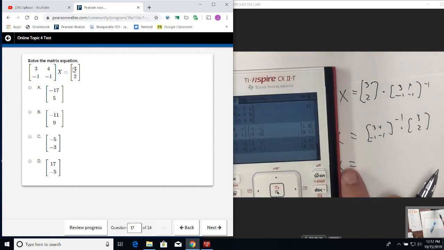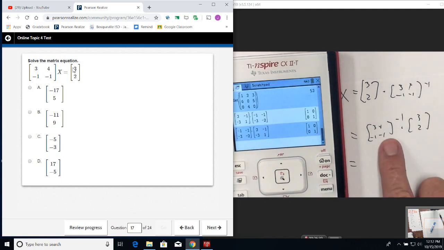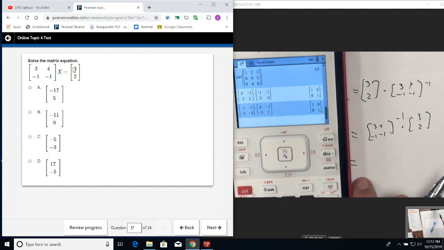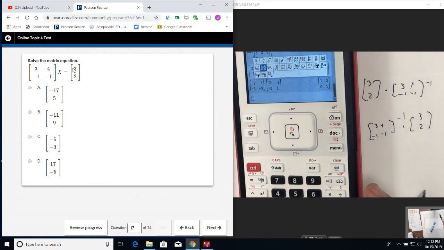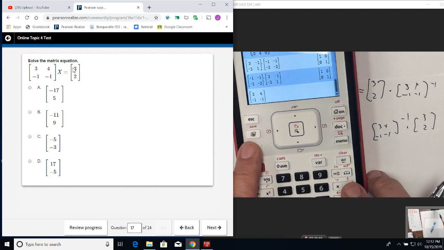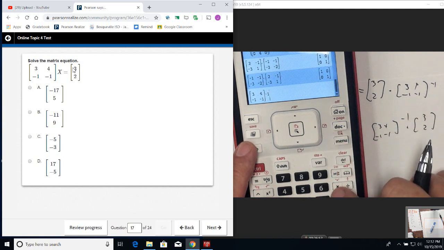So to save some time, we could do that in your calculator just by going to your calculator section and then entering that matrix by going to your little cheat sheet, enter your 2 by 2, and that would be that [3, 4; -1, -1], and then raise it to the -1 power to find the inverse of that, and then multiply that by this 2 by 1 matrix.